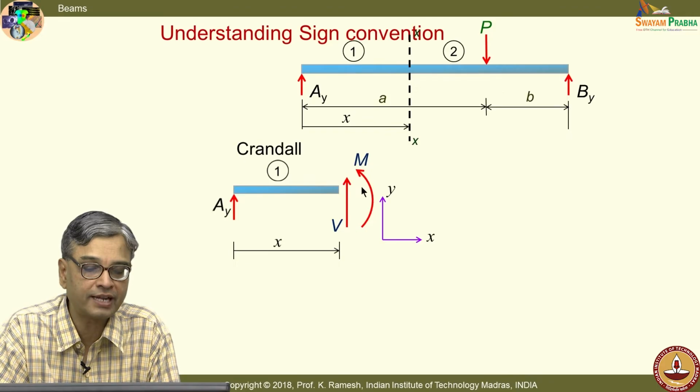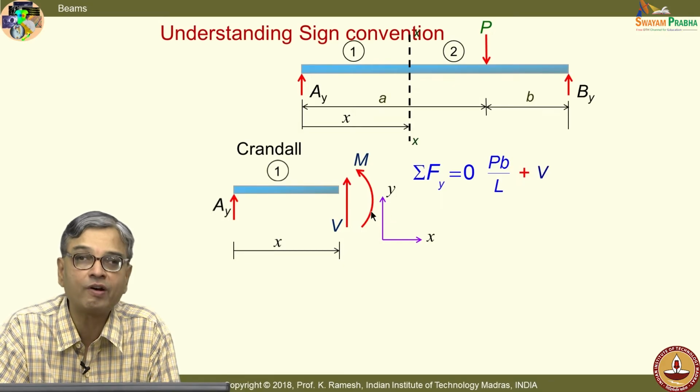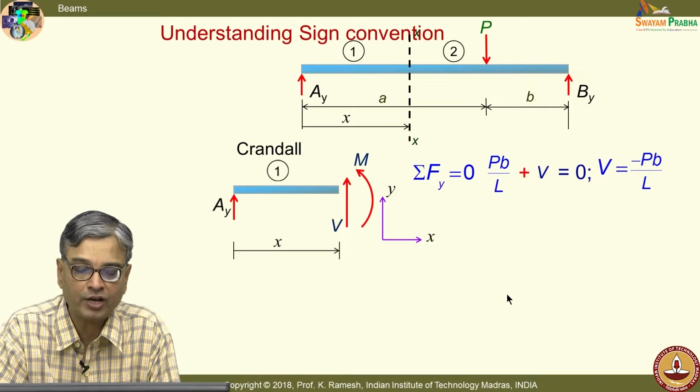I put the force like this, and when I write the equation, I would put it as plus V, because this coincides with the positive direction of the coordinate axis. And when I write the moment, this is already in the positive direction. So, I am going to write this as M equal to PBx by L.